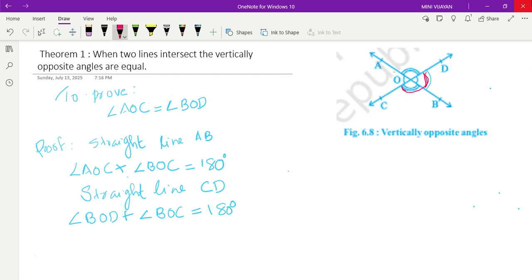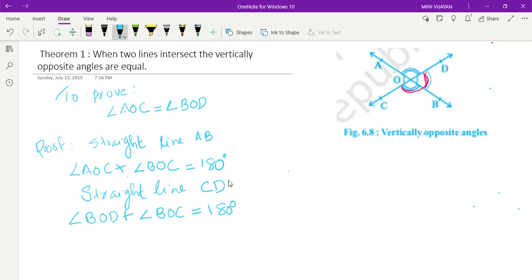With that, when you add this BOC, you will get again the straight line angle. The straight line CD we are getting. Okay, so that is also the linear pair. That's why I just wrote BOD plus BOC equals 180, and AOC plus BOC is also equal to 180. So this is the way we are getting the straight lines.